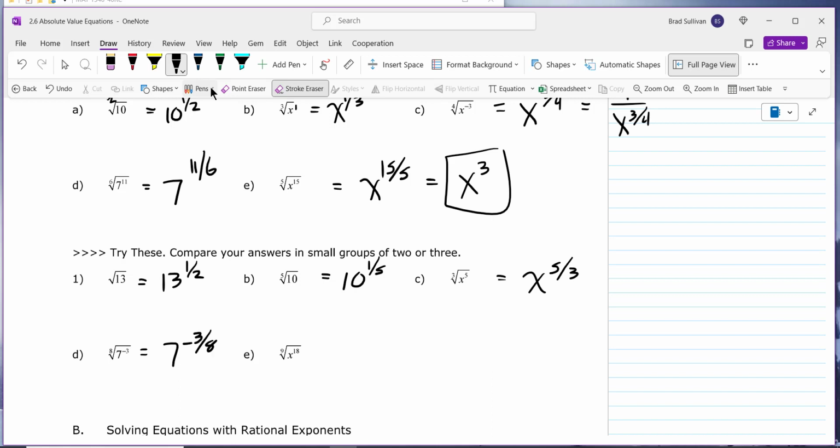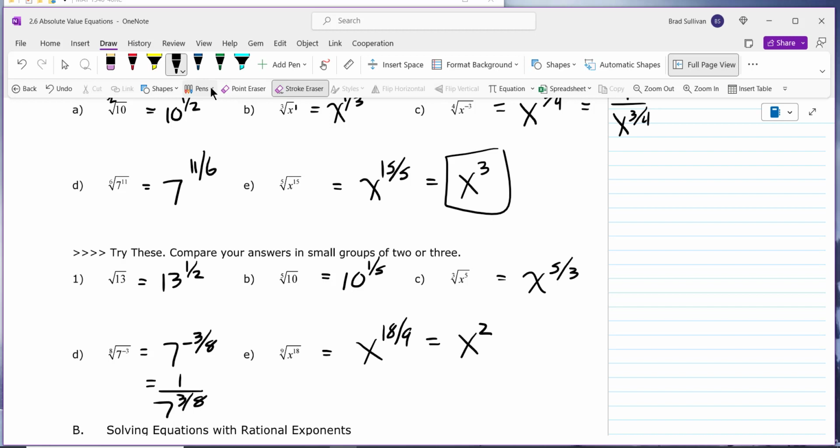And if I want it to be a positive exponent, what is it? 1 over 7 to the 3/8. My calculus students do this all the time. And what's the next one? 18 over 9. So it's really x to the 2nd. Piece of cake, right?